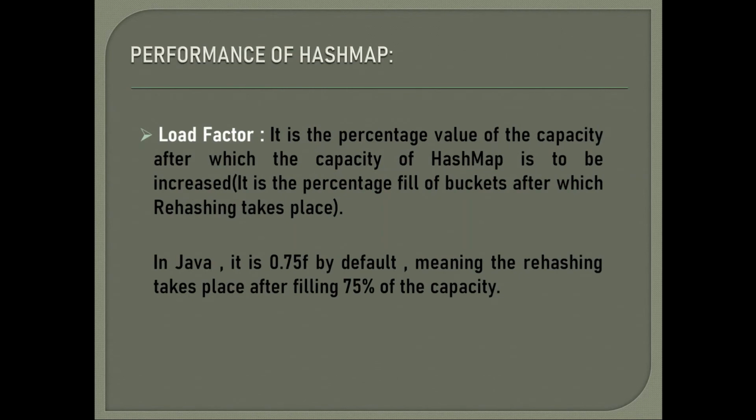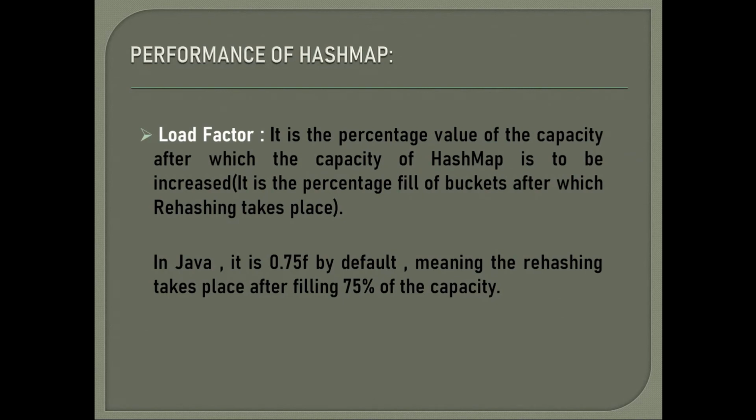Now, load factor. What is load factor? Load factor is a percentage value of the capacity after which the capacity of the HashMap is to be increased. It means that when the initial capacity of the HashMap, which is 16 key-value pairs, is filled up, the capacity should be increased, and that percentage value is the load factor.